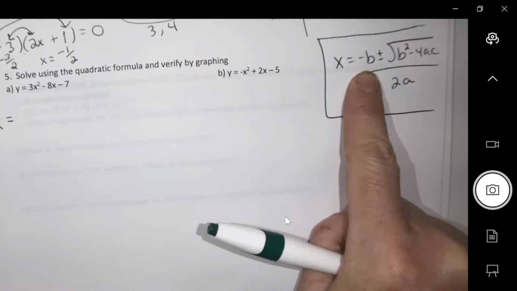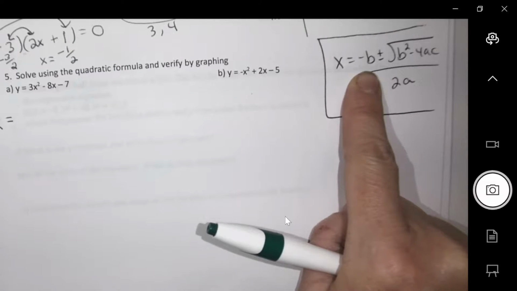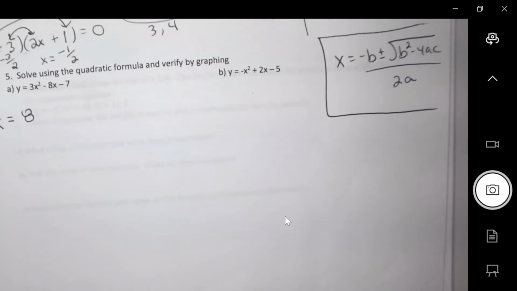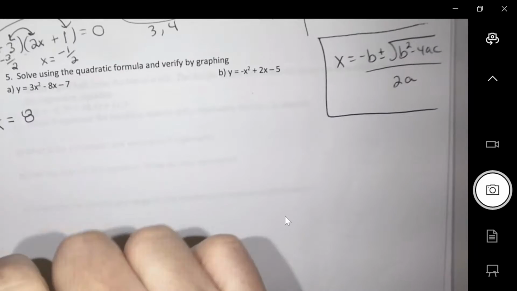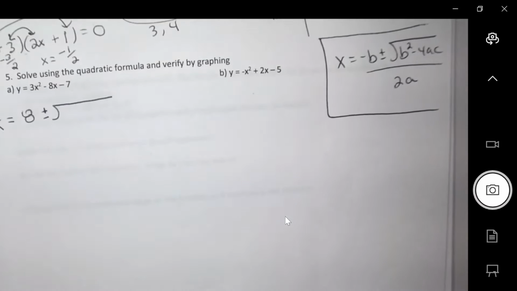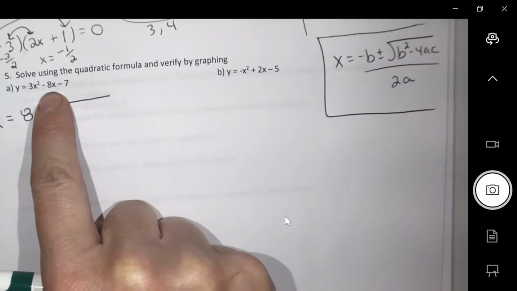negative b means to write the opposite of the b. So opposite of b is positive 8. Okay, because that was negative, so I write positive. b squared, what is this squared?